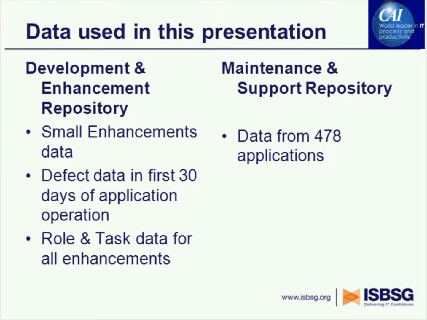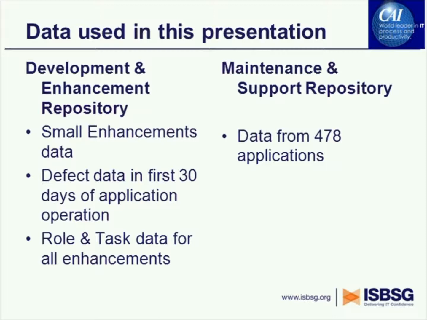This is data of a functional size less than 20 function points. So it might take you a couple of weeks, 3 weeks to build at the most. And that sort of enhancement often gets done by people in maintenance and support. So we thought that would be useful. And some of that is reflected in this presentation.